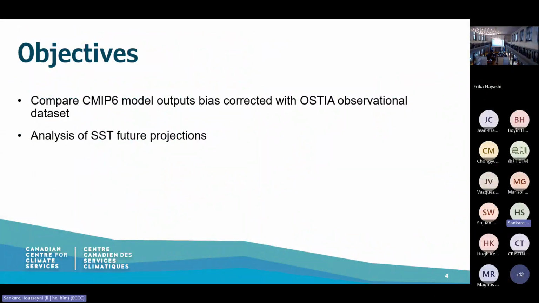The objective of this presentation is to show you a comparison of CMIP6 model output bias corrected with OSIA observational data set, and then make some analysis of SST future projection.